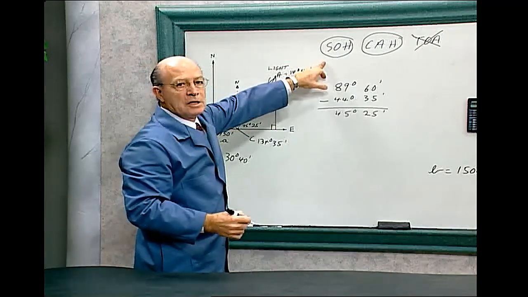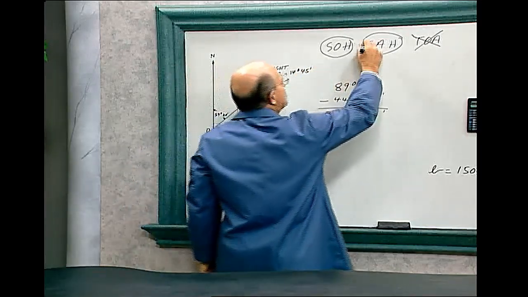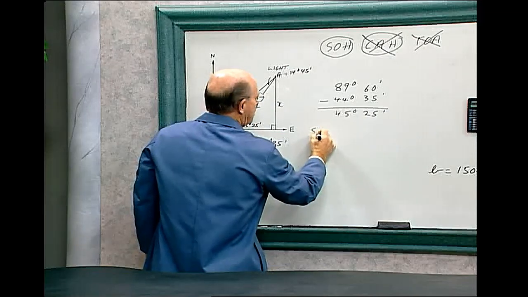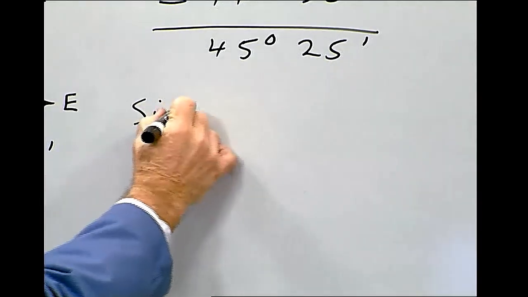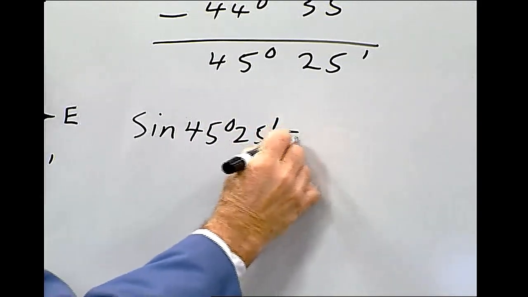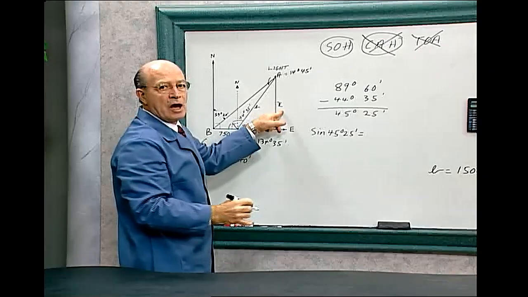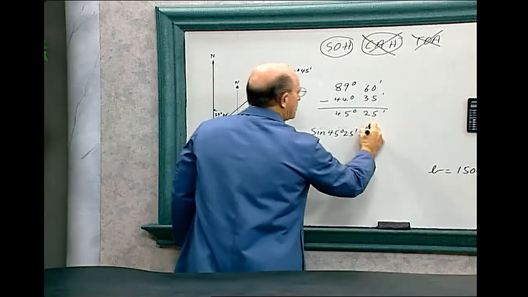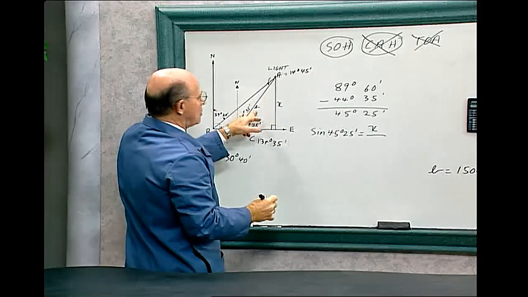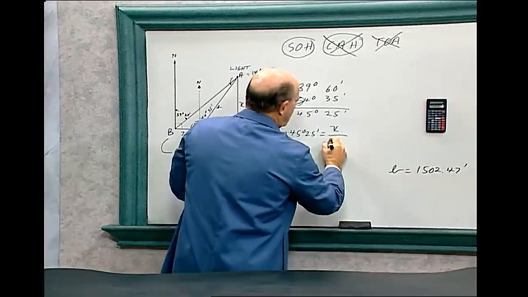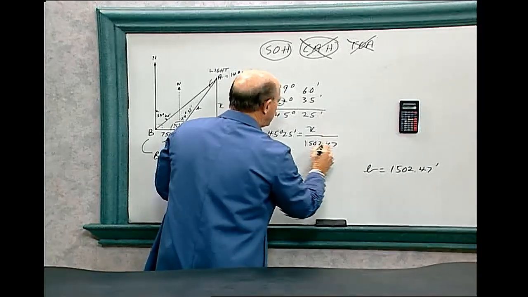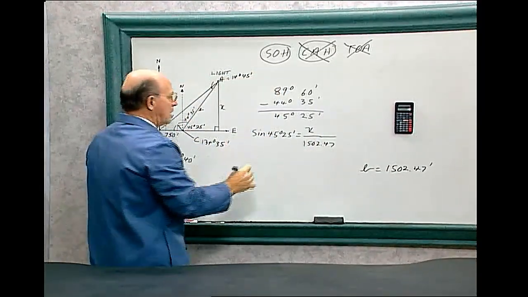And the only one that has it is the sine, so we're not going to use this one either. So sine of 45 degrees 25 minutes equals the opposite, which is the unknown, x, divided by the hypotenuse, which is 1502.47.